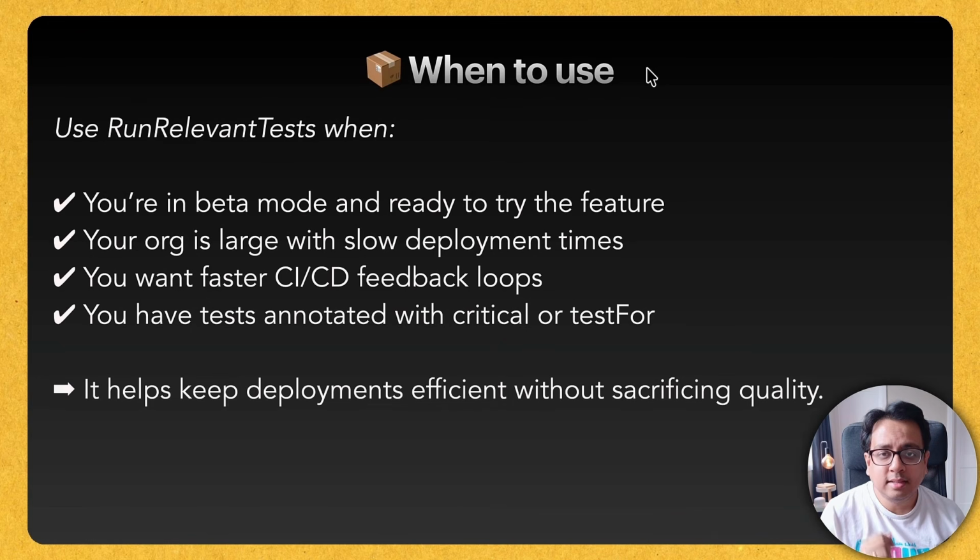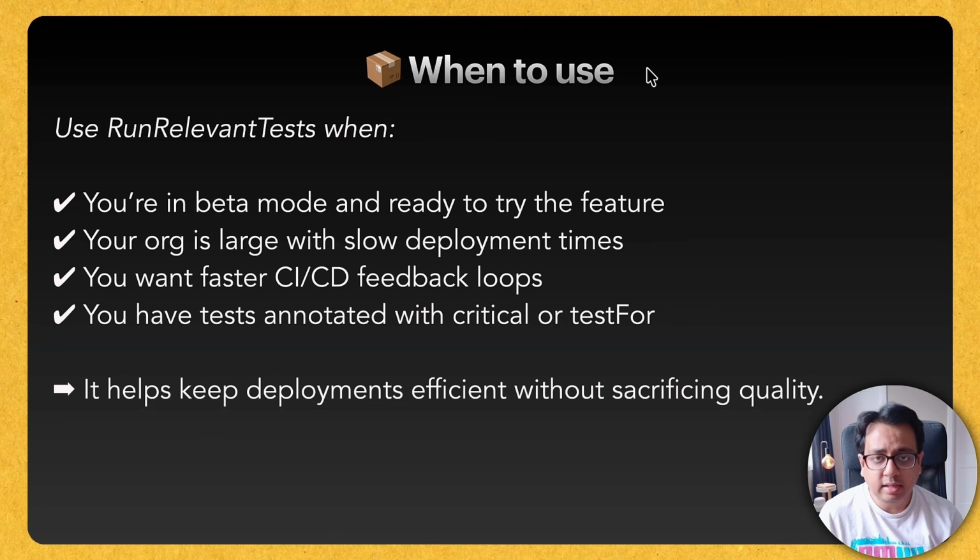With that, let's understand when to use that. So we should use run relevant test when you are in a beta mode and ready to try the feature. You are doing a POC, right? And you want to try the feature. Your org is really large, and every time you're deploying something in UAT or in prod, it runs all the tests and makes the deployment process slow, then you should definitely try these run relevant tests. And definitely, if your deployments are slow, it means you are getting the feedback late.